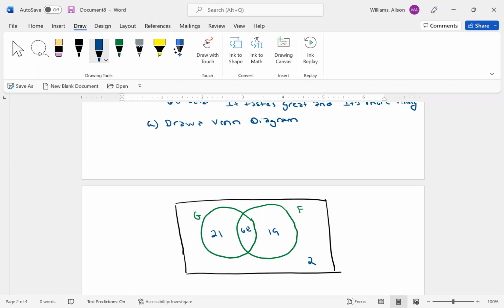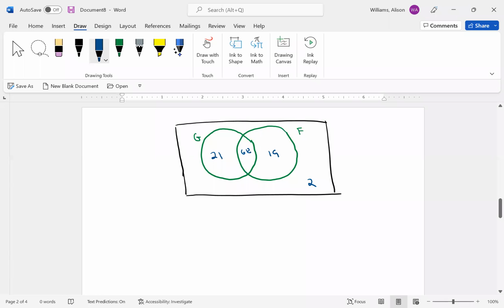Okay, so now that we've drawn the Venn diagram, they're going to ask us a series of questions. The first is, how many said it's more filling, but didn't say it tastes great?